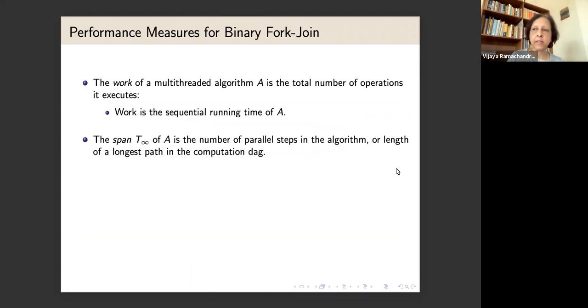The performance measures we consider are the work, which is simply the sequential running time of the multi-threaded algorithm if it is executed on a single processor, and the span T infinity, which is its parallel running time, or the length of a longest path in the computational DAG.